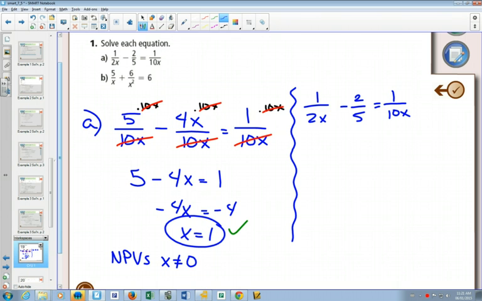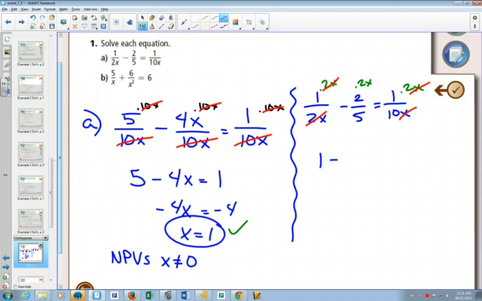So if I multiply everything by 2x, here, that'll cancel out. In the second one, there's nothing in common there to cancel out. But in the third one, my x's will cancel out, and I'll get the fraction 2 over 10, which will reduce to 1 over 5.